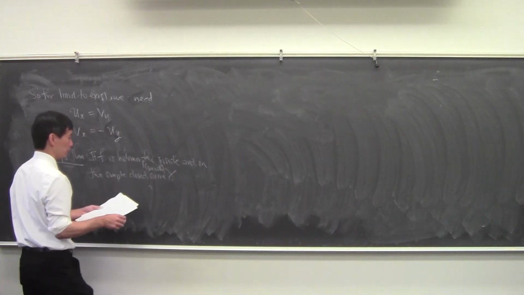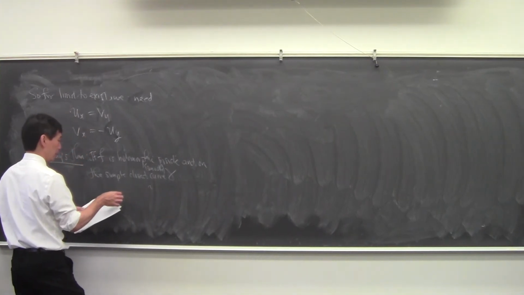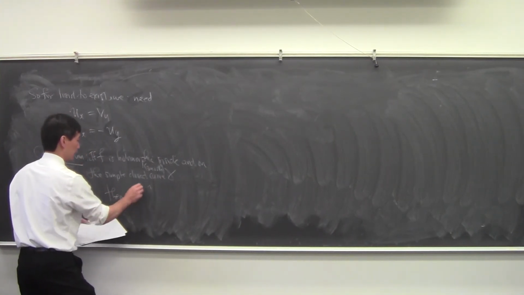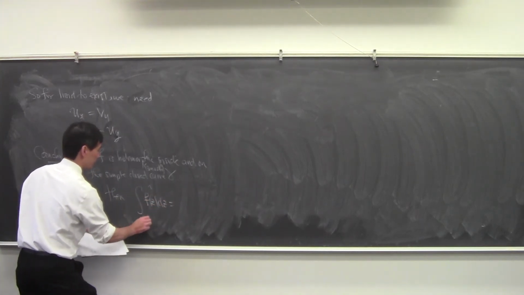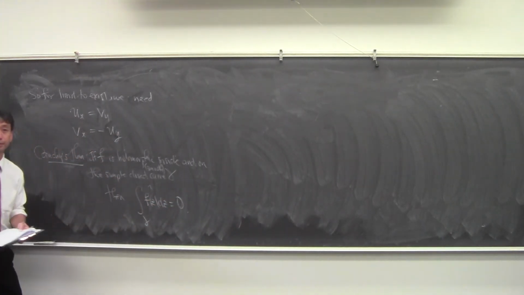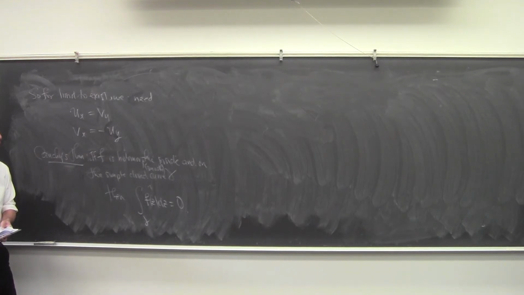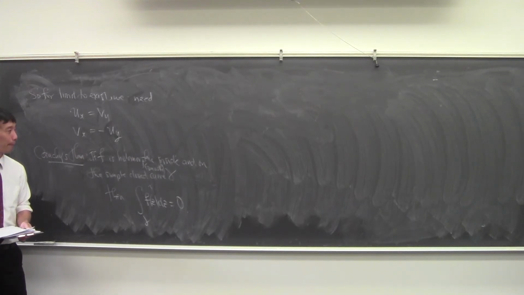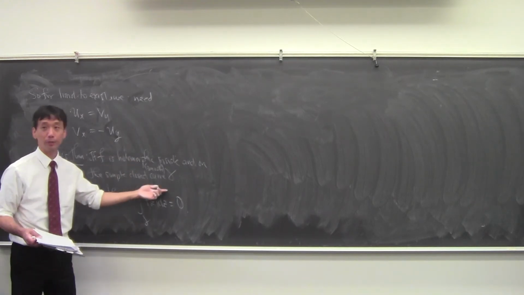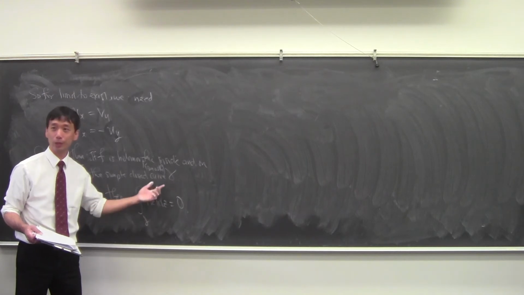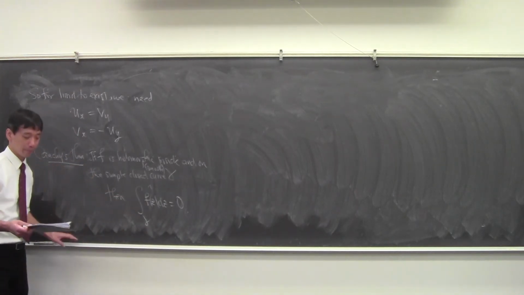Simple smooth closed curve gamma, then the integral over that curve is 0. So if you have a differentiable function, then when you integrate it over a closed curve, your integral is 0.